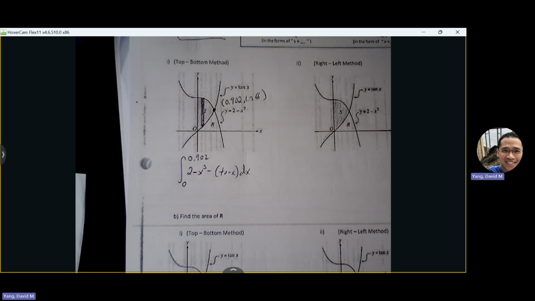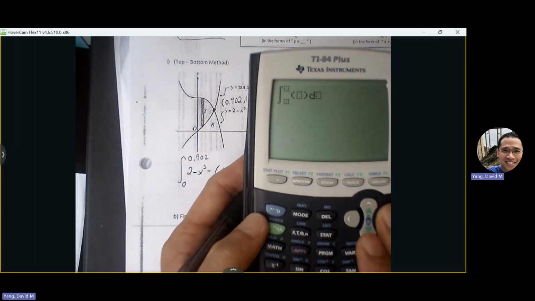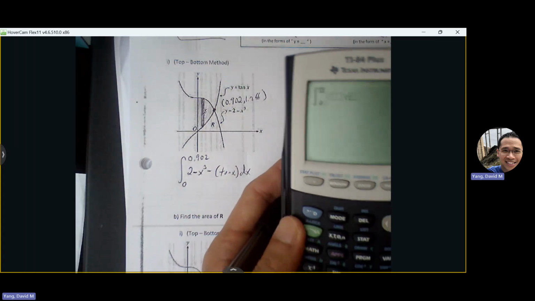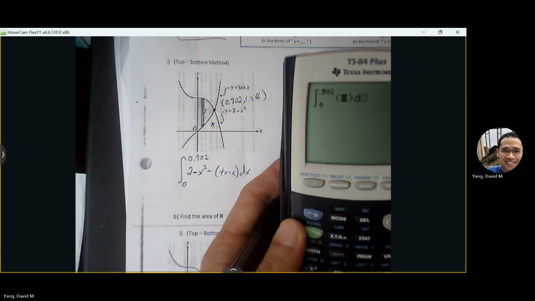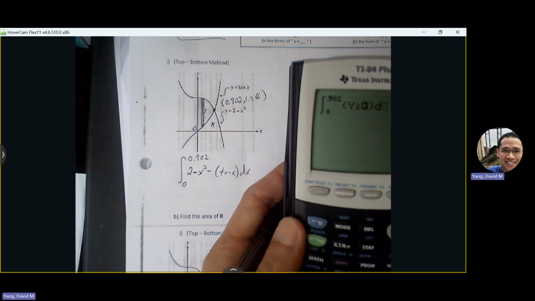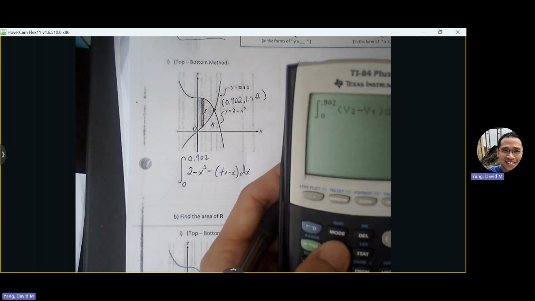I have my 2 minus x cubed stored under y2. You can type the function in if you want. It's not a big deal, but I'm going to say 0 to 0.902. Alpha trace y2 minus alpha trace y1 dx.